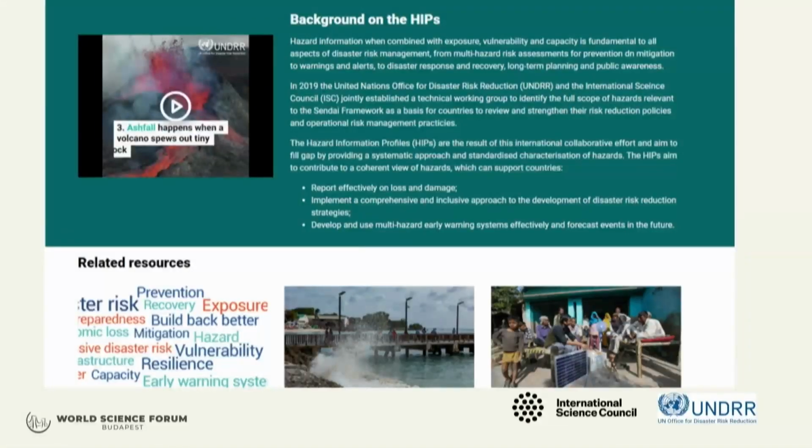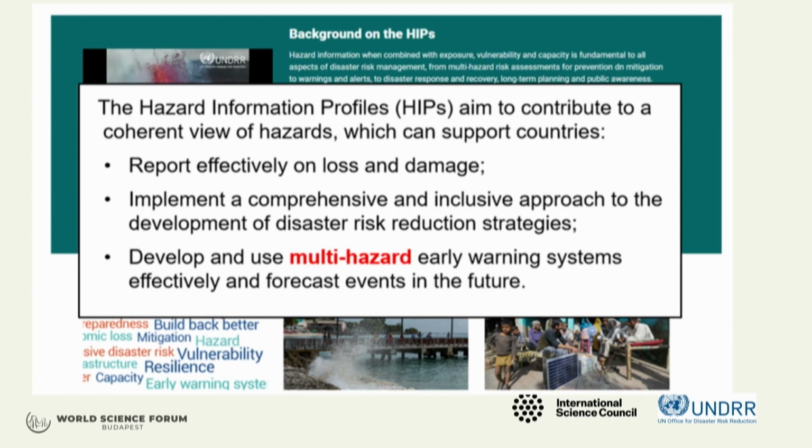So the background of the HIPs is very clearly summarised on the UN Office for Disaster Risk Reduction website. But what I thought would be really important to pull out is the bit about what these hazard information profiles should be contributing to. We know that we need a coherent view of hazards that can support countries, localities, regions, individuals.